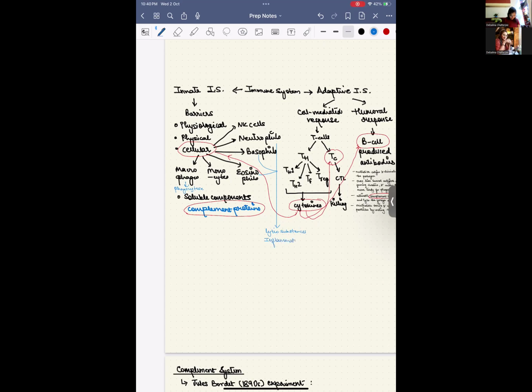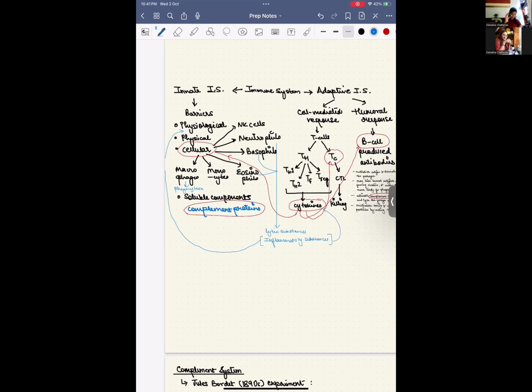Inflammation contributes towards the physiological barrier, the temperature part, or the release of certain other factors. In the process of inflammation, if you remember, we had certain chemokines, which again are a type of cytokines.